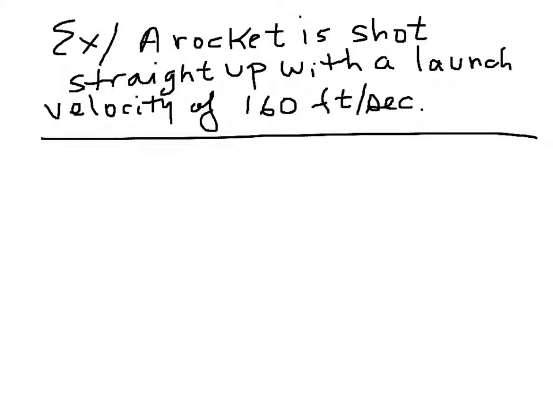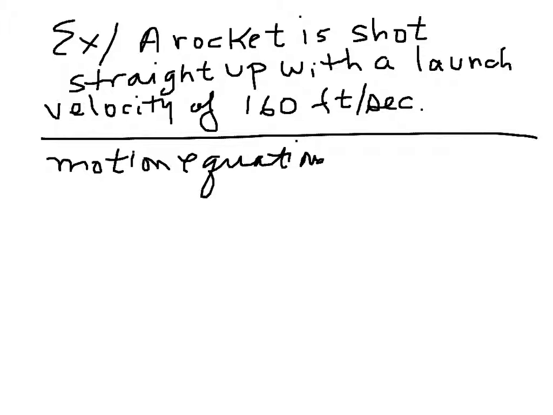So let's consider a problem. A rocket is shot straight up with a launch velocity of 160 feet per second. So this is straight line motion. It's straight line motion in a vertical direction. And what we want to get are the different motion equations.